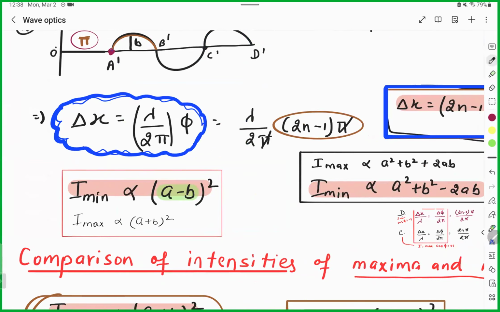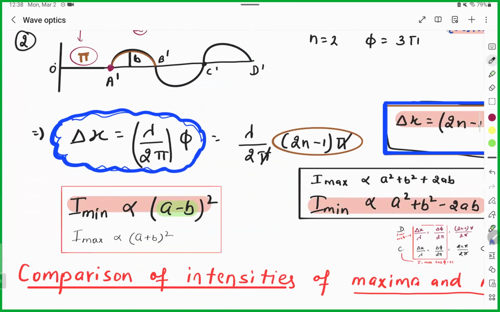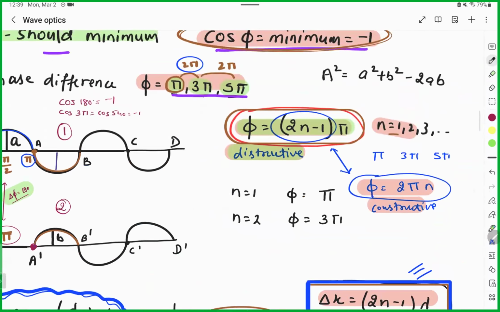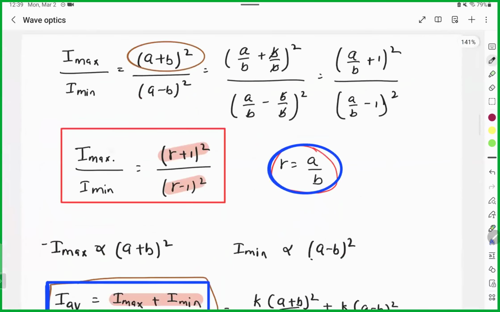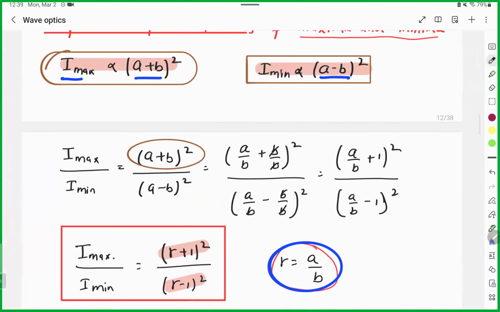One thing you will see, a difference: phase difference in case of minimum is (2n minus 1) pi, and in maximum 2n, because 0, 2 pi, 4 pi. Even number in constructive, odd number in destructive. Done. Same comparison is given. Just an application of what we did. Maximum plus, minimum minus. Maximum to minimum ratio like this. And if this ratio is given in the A by B form, you can calculate.